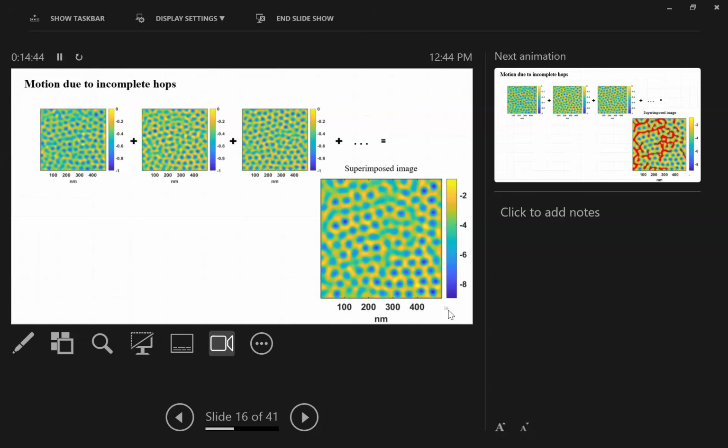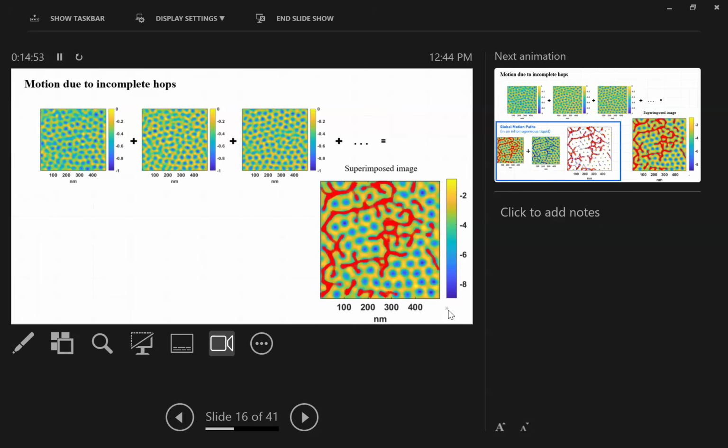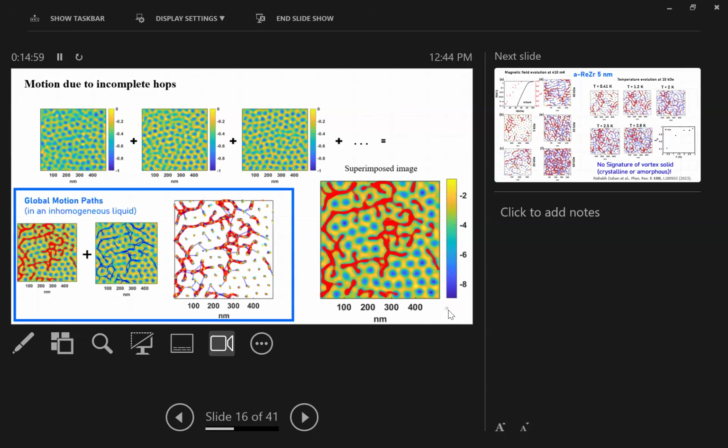We have about 10 to 15% extra minima. Okay, so then it's the movement. Okay. Yeah, very good question. So I can now actually use some criteria and form this motion path from incomplete hops. And now the global motion path will be the sum of incomplete and complete hops, which is this.